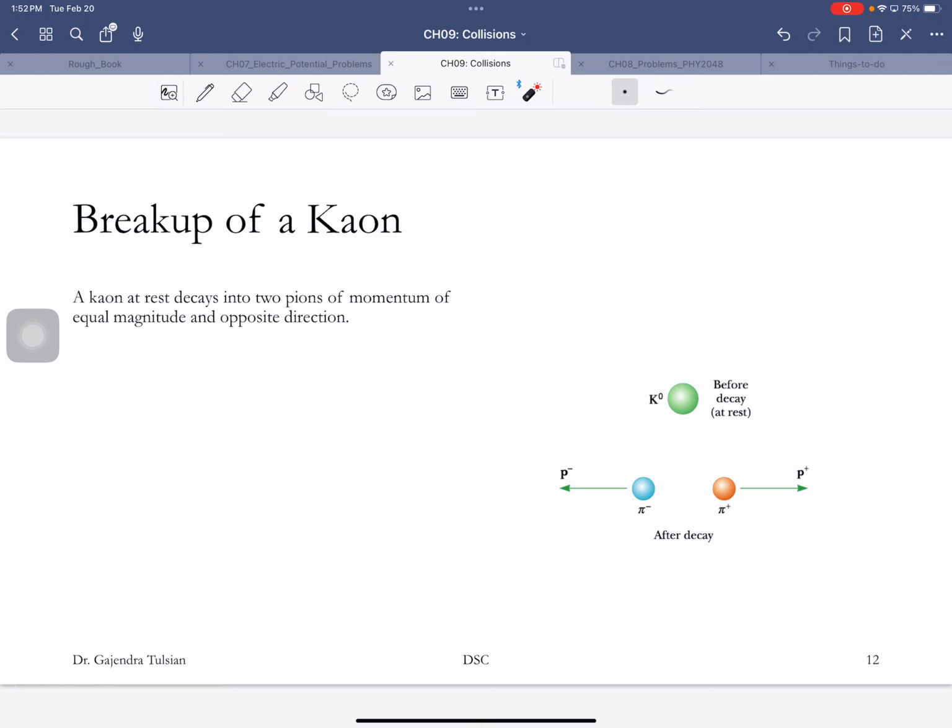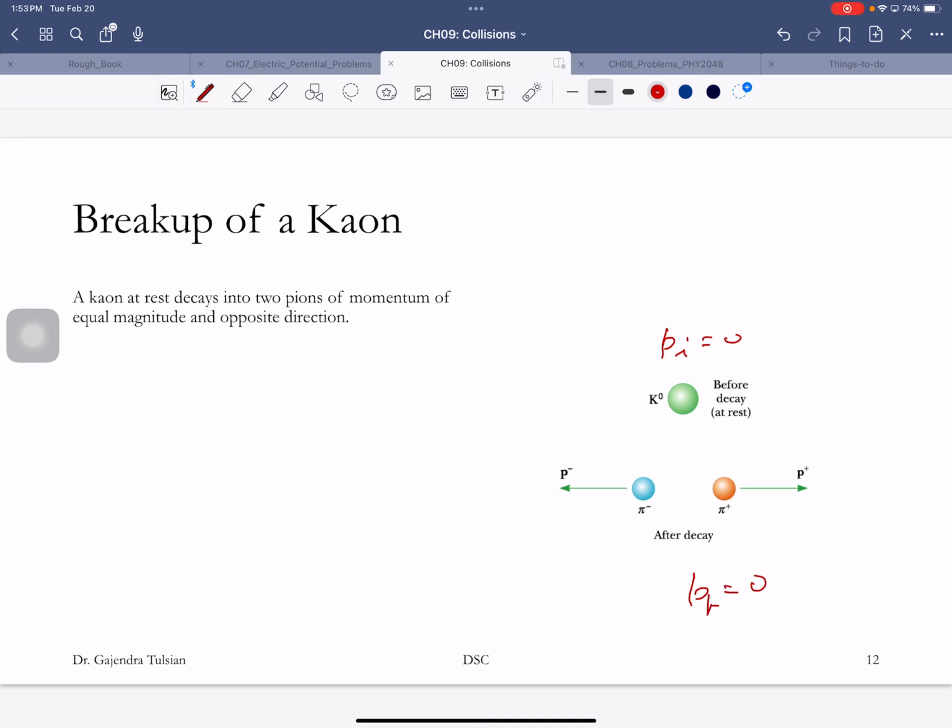So here are situations where you can apply this. Okay, so here is a kaon. It's a neutral kaon. This is a very short-lived particle, and you can look up its lifetime on Google, for instance. Let's say you make this in lab and it's at rest, and within probably a microsecond it'll break up into two pions. These are particle-antiparticle pairs. They have equal masses, opposite charge. See, the initial momentum was 0, and so the final momentum has to be 0.